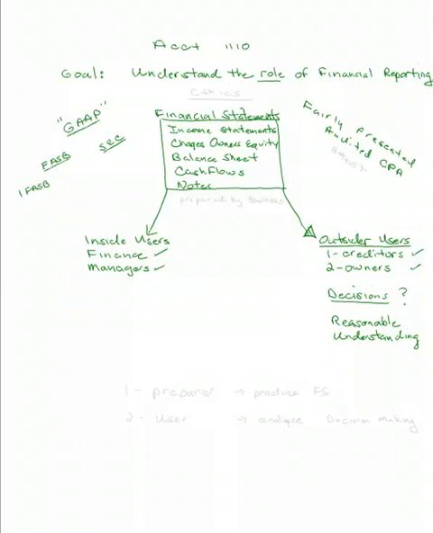Now, financial statements for a business are prepared by the business, and an auditor comes in and they review these financial statements, and then they can attest to their accuracy. Either they're presented fairly or not, though there is other language that they use to say how the financial statements are.